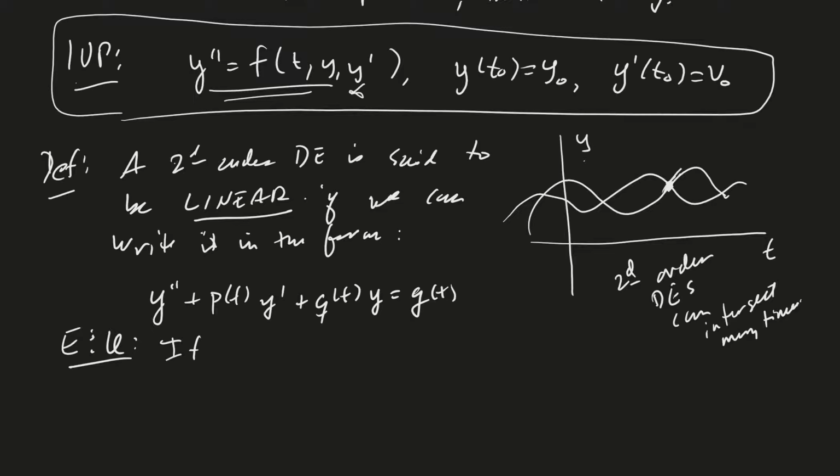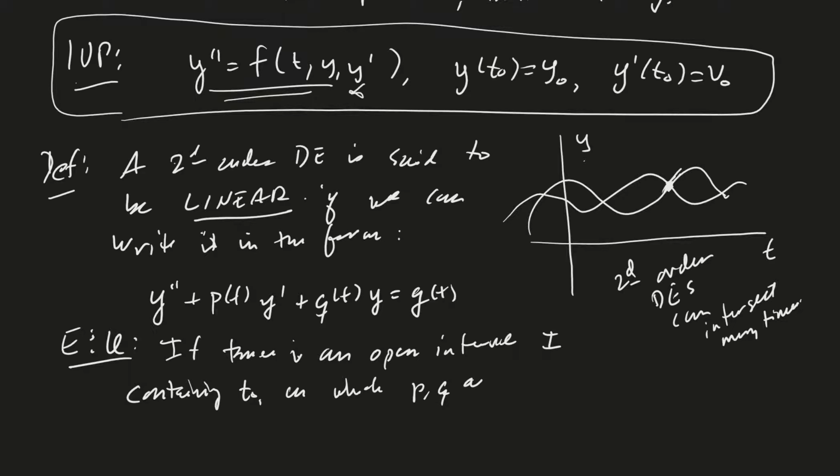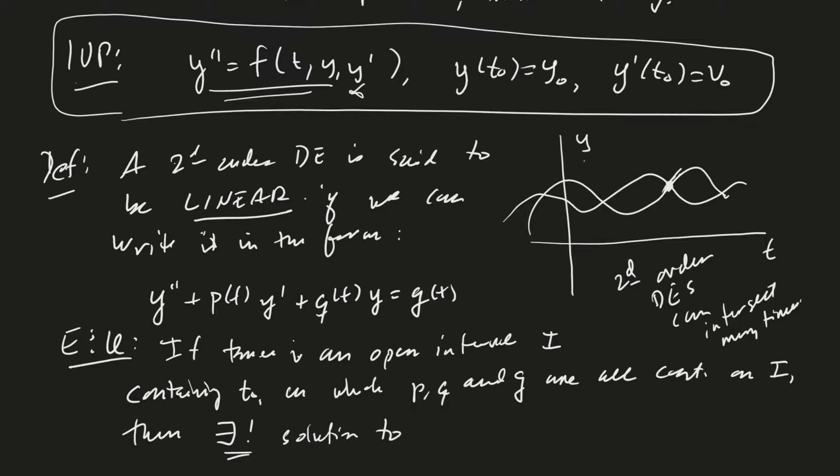If there is an open interval I containing t naught, that's a maximum interval, on which p, q, and g are all continuous on I, then there exists a unique solution to the IVP with y of t0 equals y0.